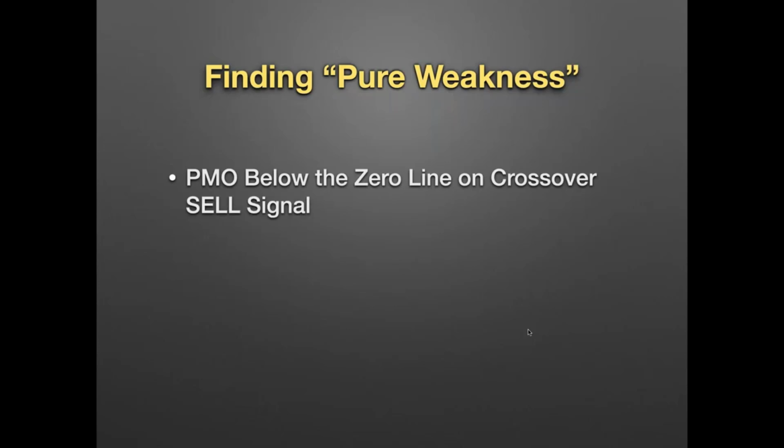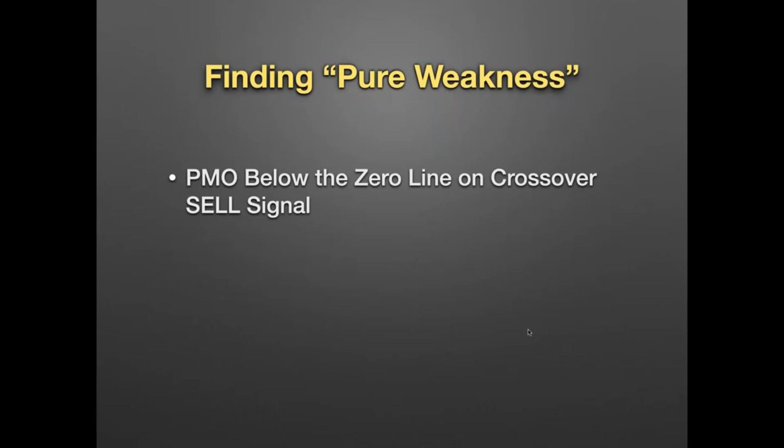So the PMO below the zero line on a crossover sell signal is an automatic pure weakness. I mean, if you see a crossover sell signal below the zero line, that's pure weakness. There's nothing good going on in that chart unless it's setting up for a short.